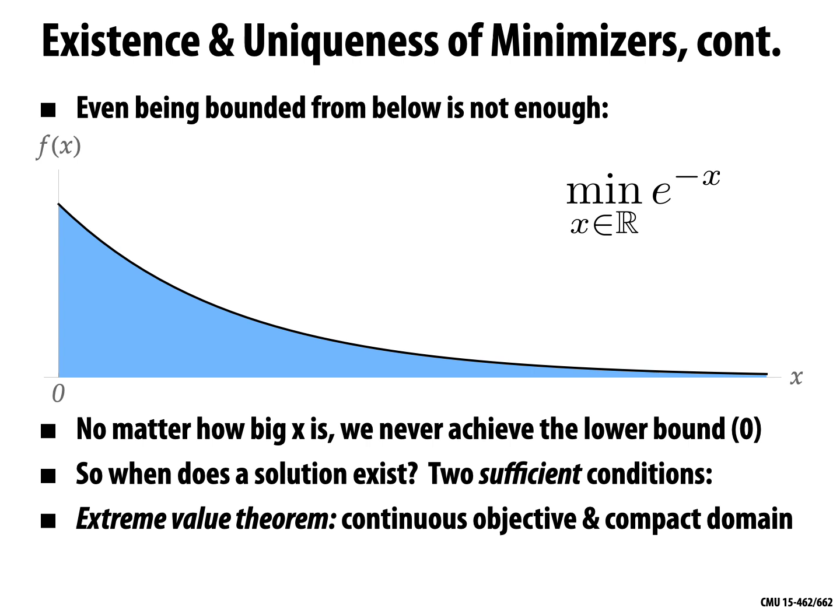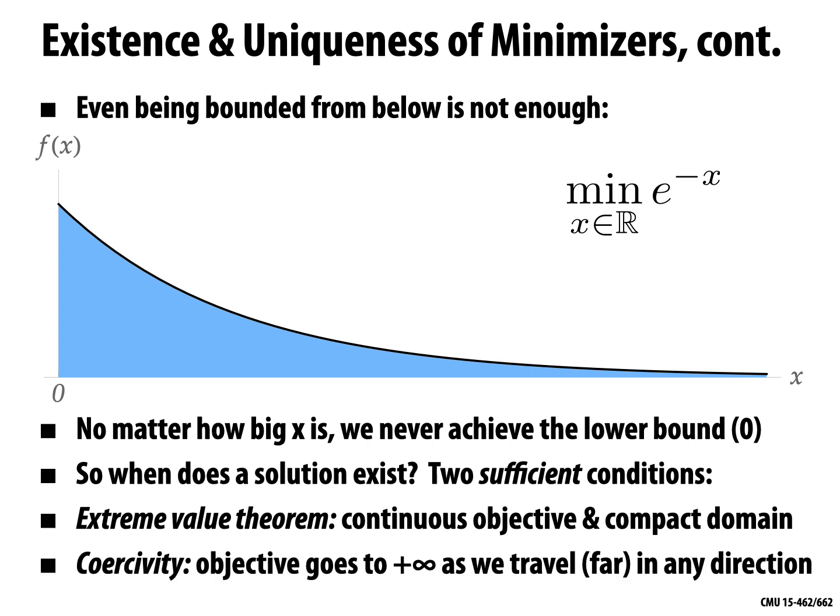Okay? And coercivity. Coercivity means that the objective function, loosely speaking, goes to positive infinity as we travel far, far away in any direction. Right? So this example here, e to the minus x, is not a coercive function.